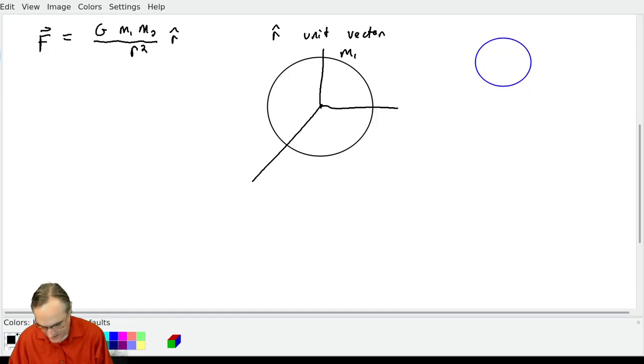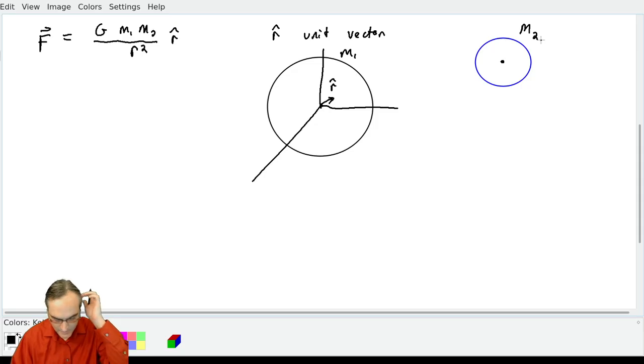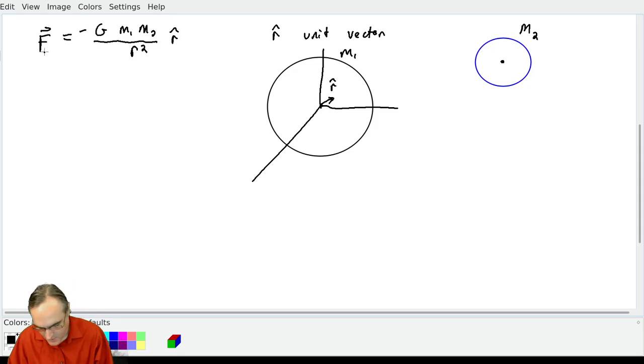And now we can actually show what r hat would be. R hat will be a vector with a length of 1 that points directly from the center of the coordinate system to the center of our mass 2. Okay. And forgot one thing. So this would be the force due to mass 1 acting on mass 2, and notice it's acting in the negative r hat. It's acting back in this direction.